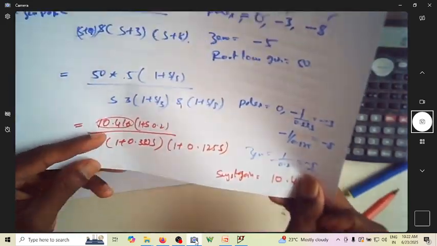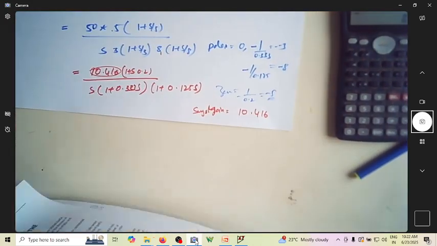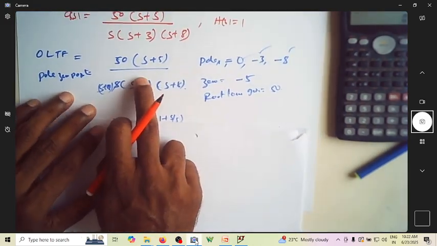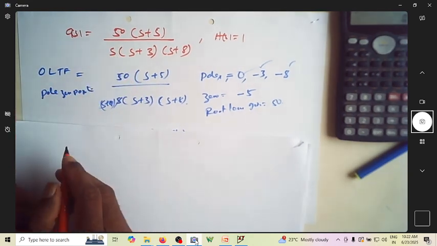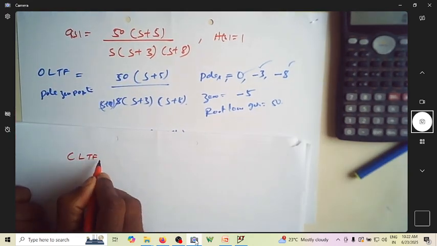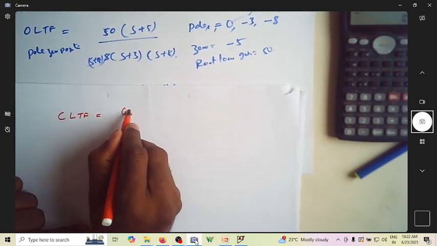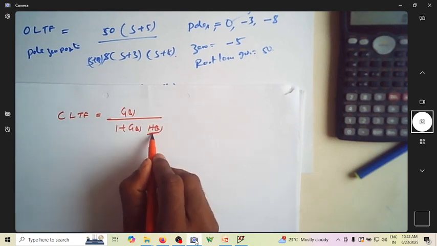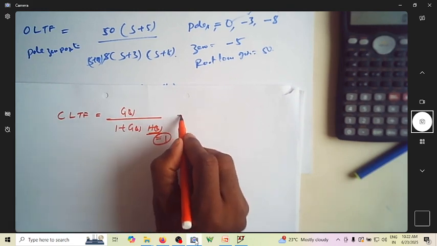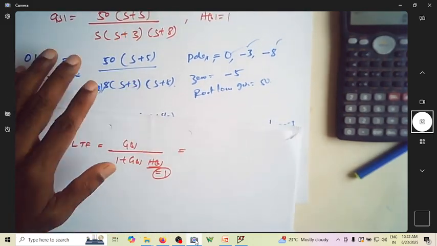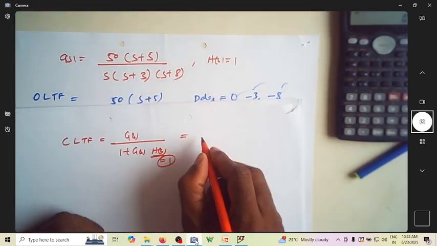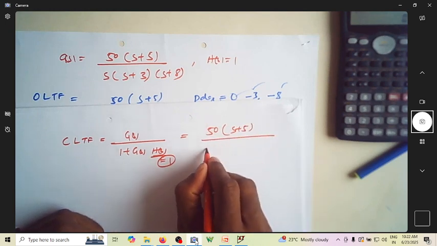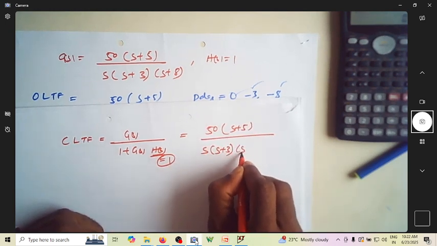Let us find the closed loop gain of this. Let's take this, because we know that closed loop transfer function is given by G(s) by 1 plus G(s) into H(s). Whenever H(s) is 1, whenever it is unity feedback, you can simply write this open loop transfer function, which is 50 into (s plus 5) divided by s into (s plus 3) (s plus 8).